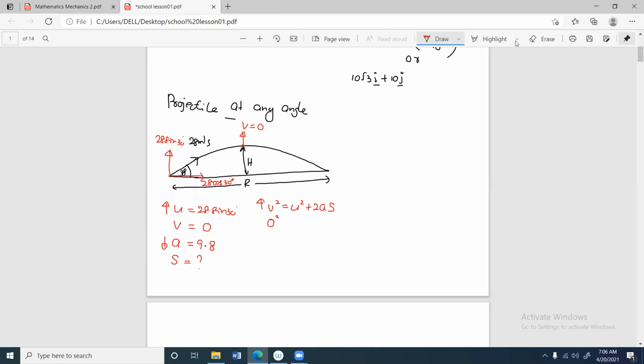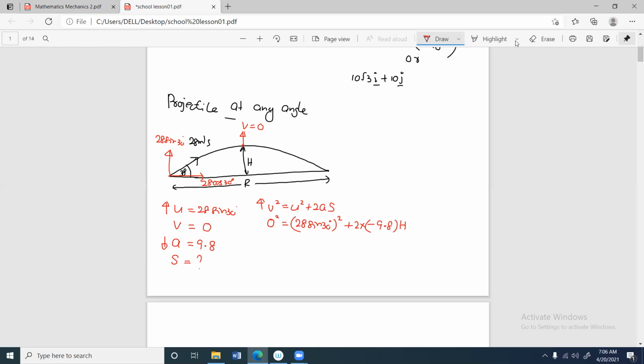So 0 squared equals 28 sin 30, whole thing squared, plus 2 into minus 9.8 into h, which is what we need to find.